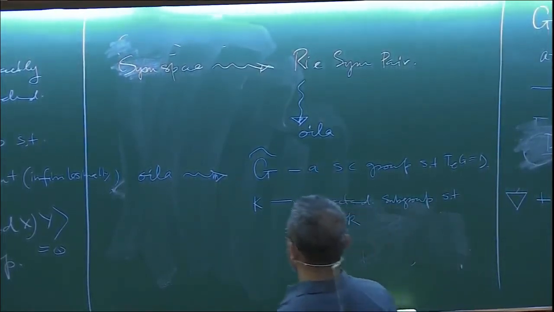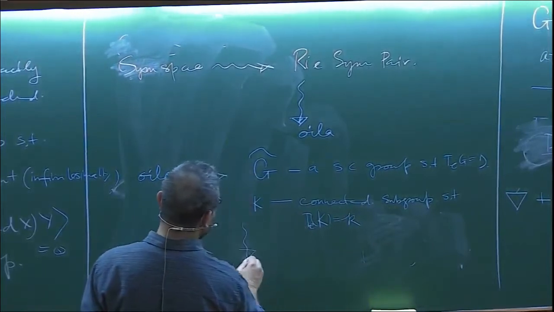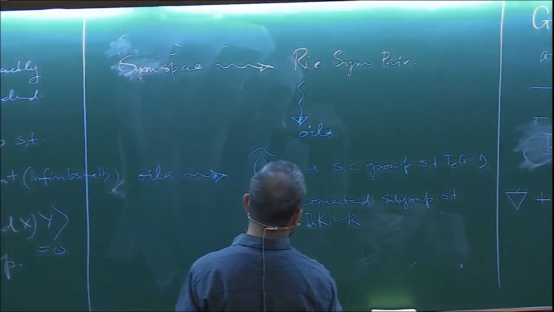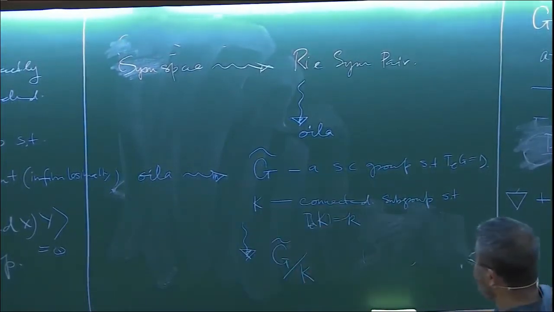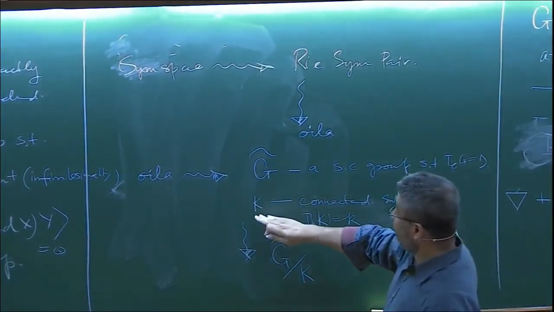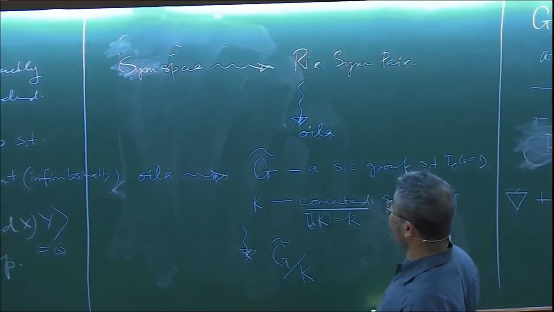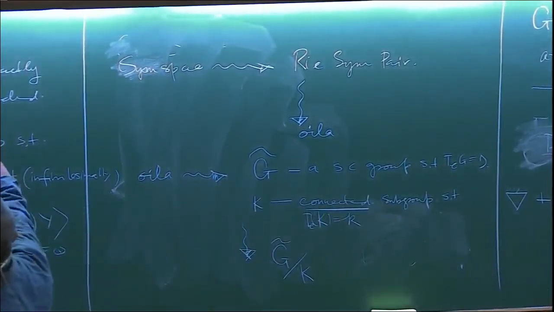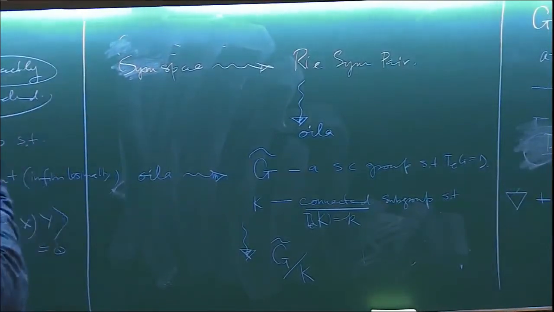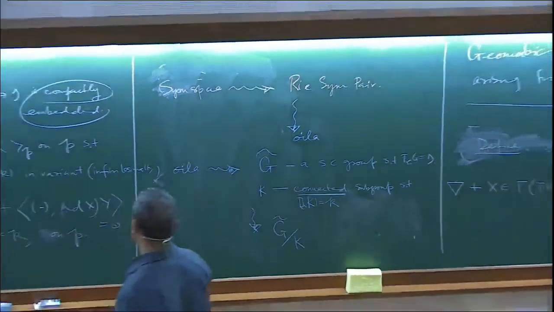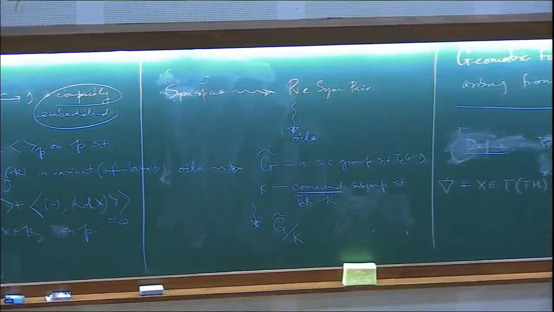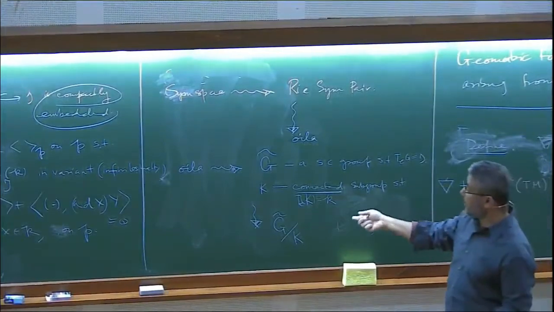And next, I consider G mod K. Notice that since K is connected, and since I start with the OILA in which K is compactly embedded, Ad of K in GL of the Lie algebra is going to be a compact subgroup.